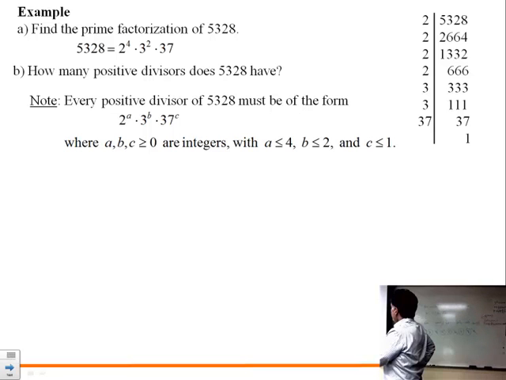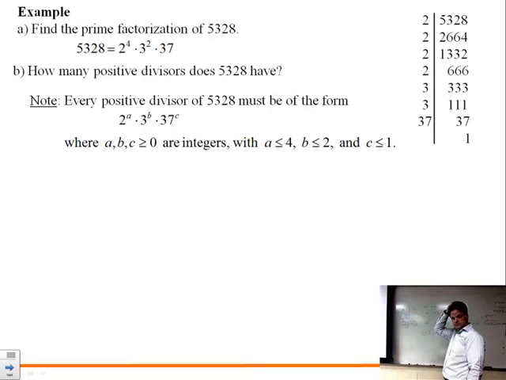So in fact, all the divisors of 5328 have to be of this form. You include some collection of these primes, include some primes, but maybe not others. So it has to be of the form 2 to the A times 3 to the B times 37 to the C, where A can't be bigger than 4, B can't be bigger than 2, and C can't be bigger than 1.